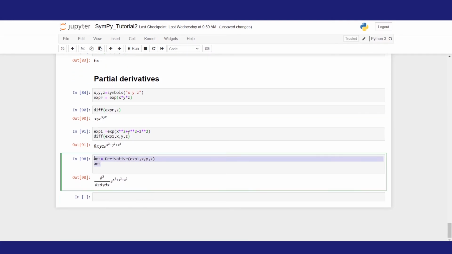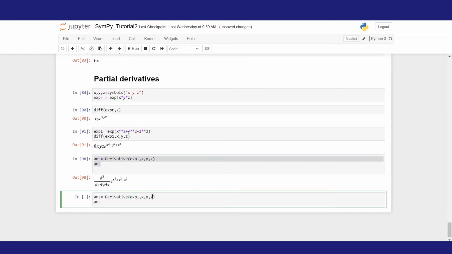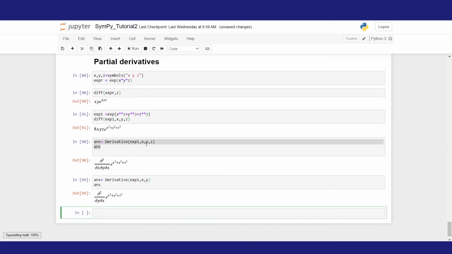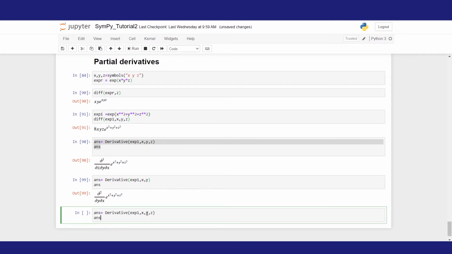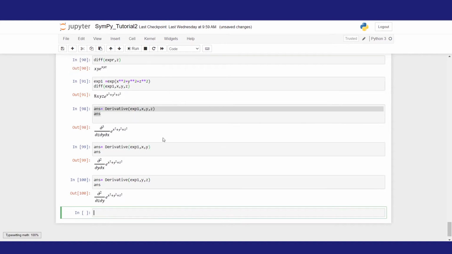Let's see if we are trying to do the same operation but with just respect to x and y. This would give us dy dx 2 times, and then if we are to just do that with only y and z, we would have dz dy just like that, unevaluated.